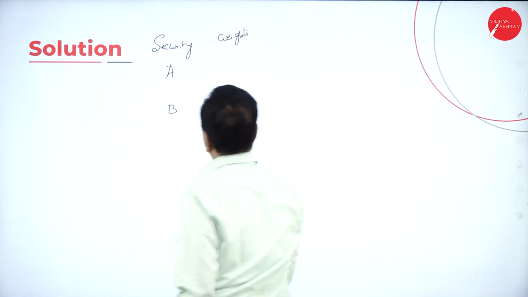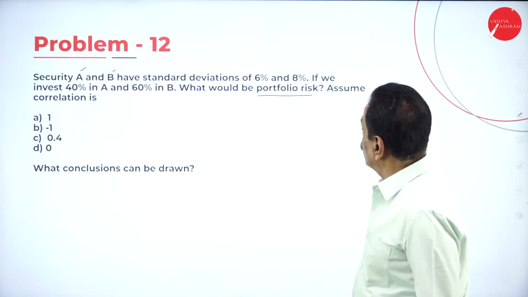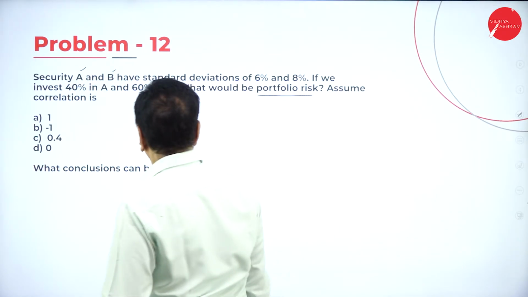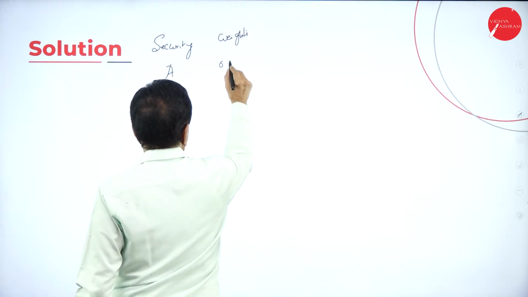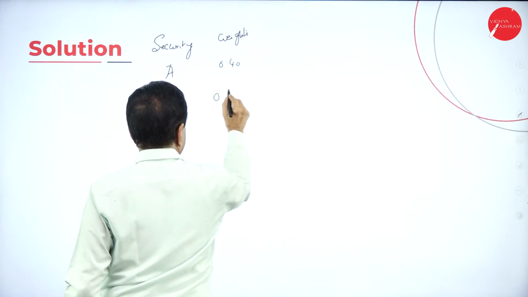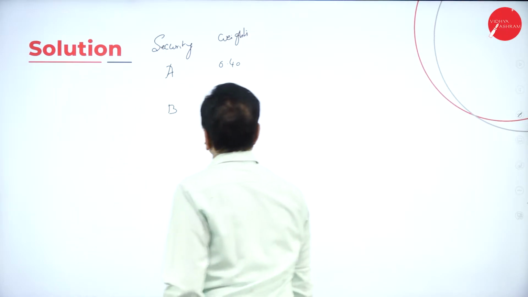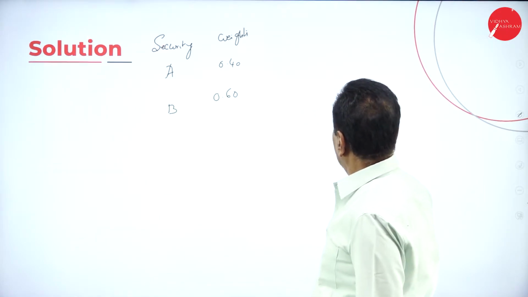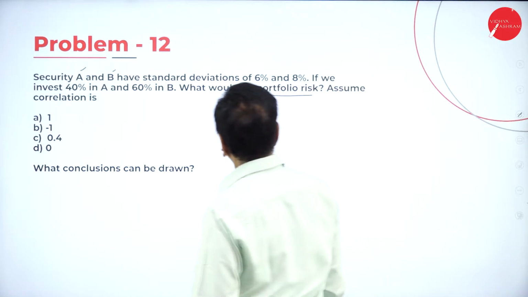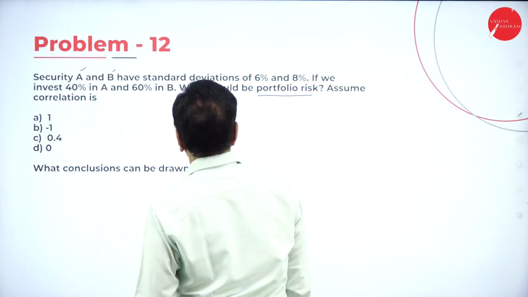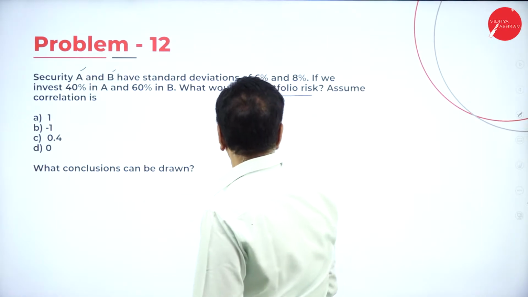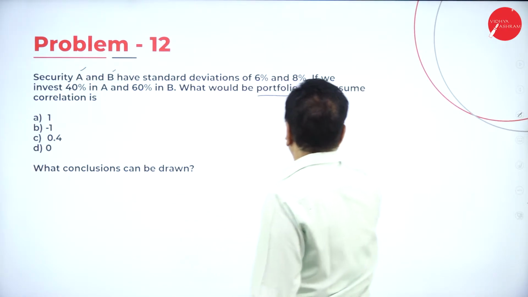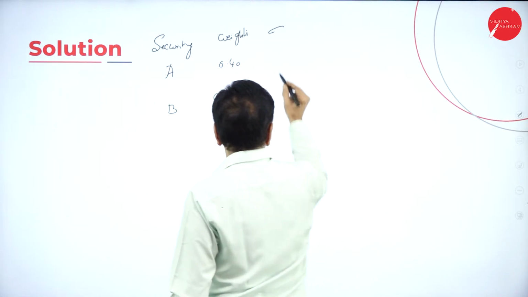They have given the weights: A is 40%, B is 60%. Then your standard deviations are here, 6% and 8%.